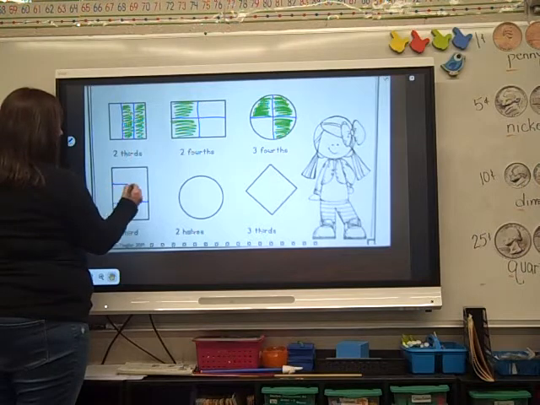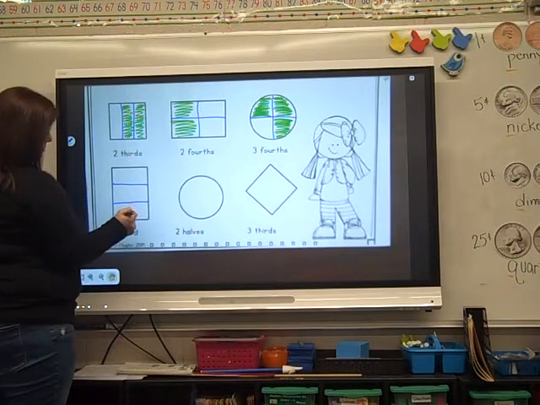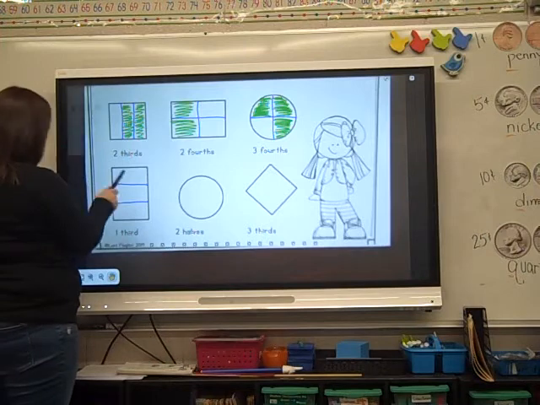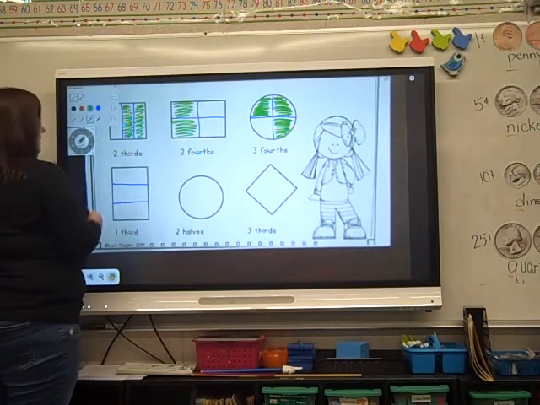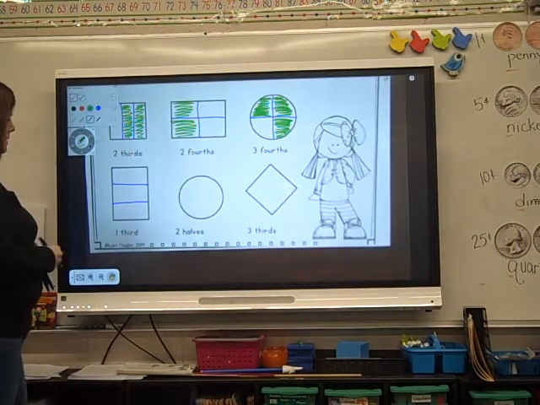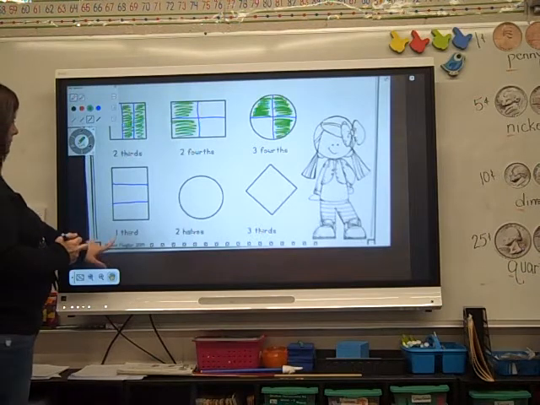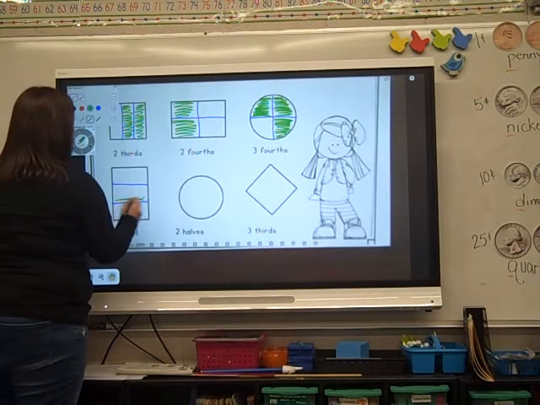Make sure they're equal. Doesn't have to be perfect, that's not perfect, but, okay? So how many pieces do we need to color in? 1. I'm gonna color in the middle piece this time.